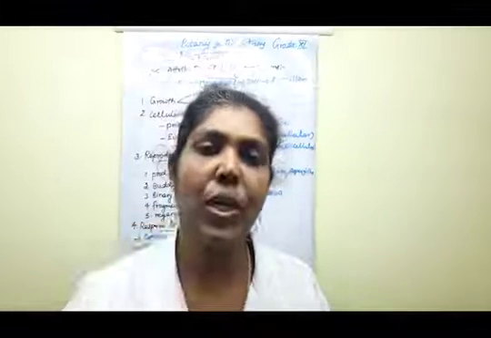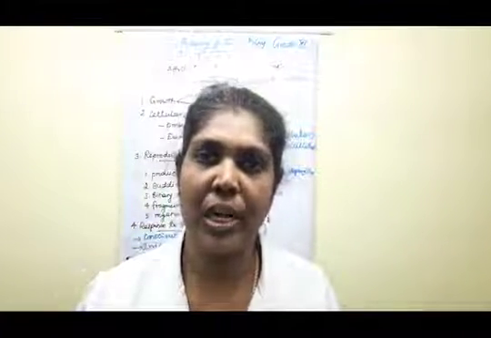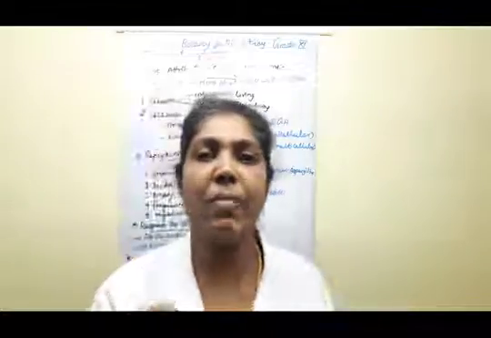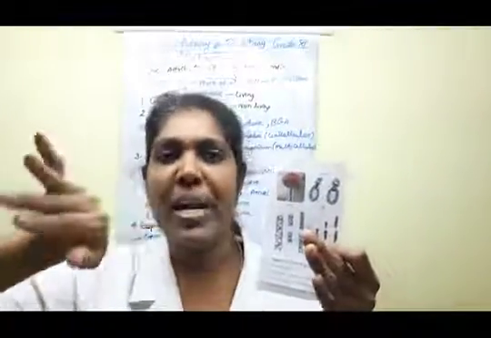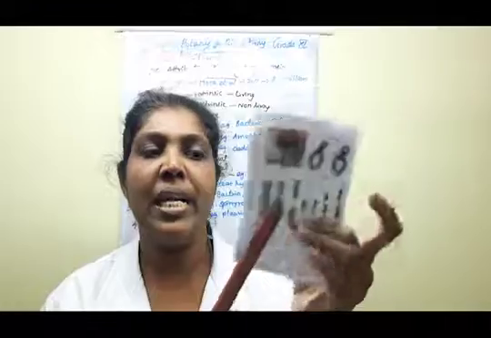That is known as binary fission. Understood children? Say yes or no? Yes. The next one, fragmentation. Fragmentation means the body splits into fragments. That is known as fragmentation. A good example is the plant Spirogyra.